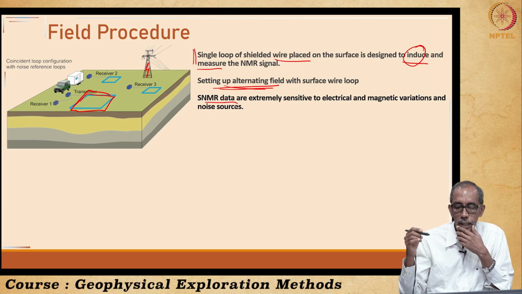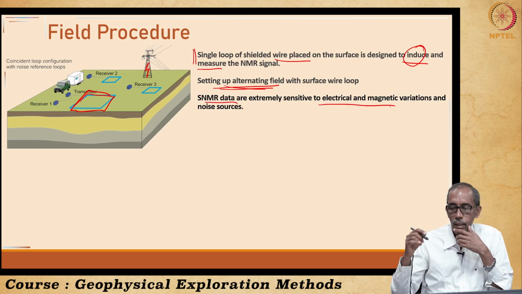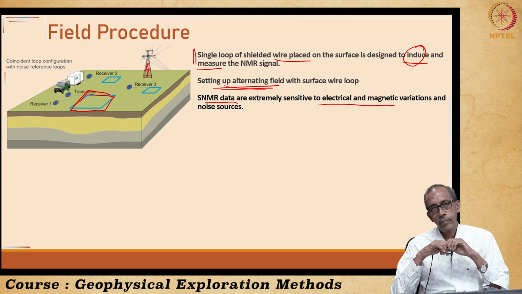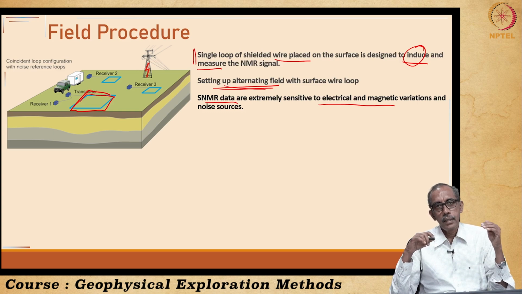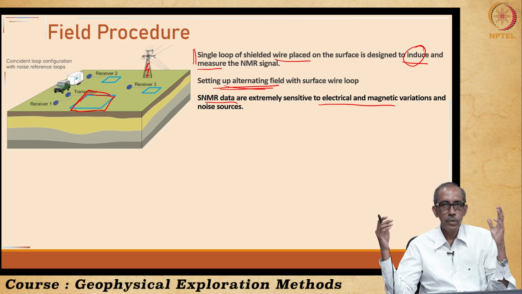This NMR data is very sensitive to electrical and magnetic variations. The signal which we are measuring depends on some transmission cables, electrified railway network which may be 2-3 kilometers away from our site of investigation, but still all of them cause noise to the data which we measure.